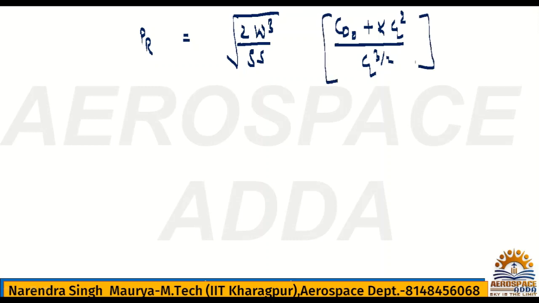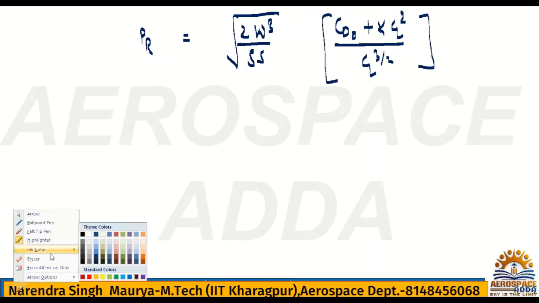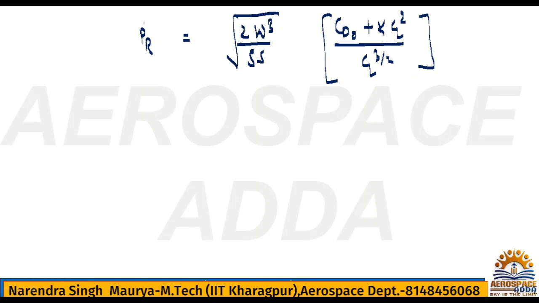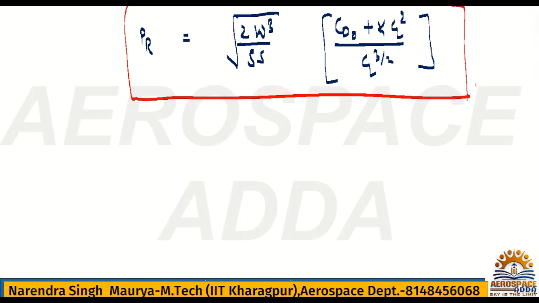This is the required power. If they ask what is the required power and they have given you all the values like K and all, this is one way to calculate.